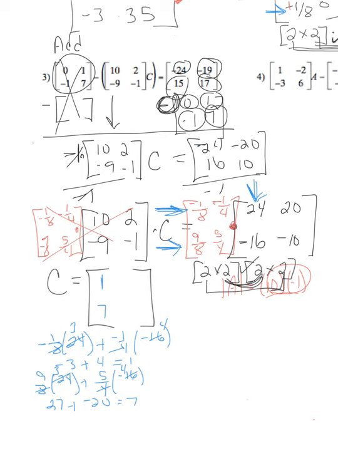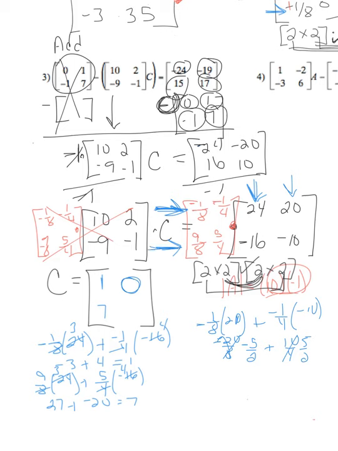Okay, now I'll do the top row with the second column, so -1/8 times 20 plus -1/4 times -10. Okay, that's -20 over 8, which is -5/2, plus 10/4, which is 5/2. So I got -5/2 plus 5/2. So it looks like that spot is 0.